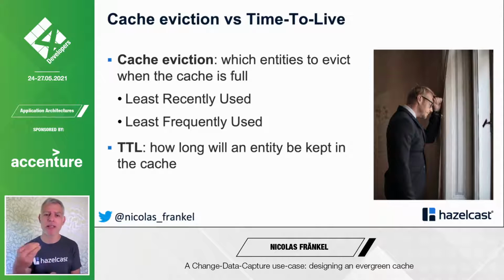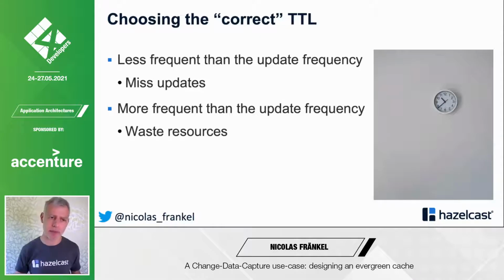So when you put an entry into the cache, it's very hard to think about the correct time to live. And the reason is the following. Imagine we have a regular system. I was talking about the batch before. Let's say we have a batch that runs every hour to update our reference table.